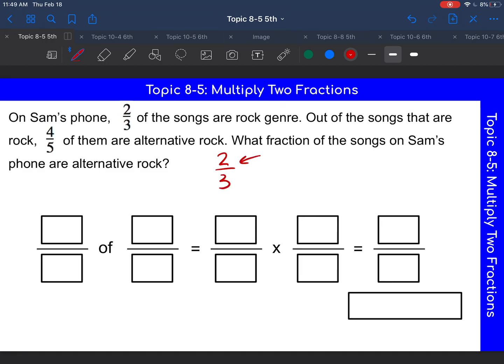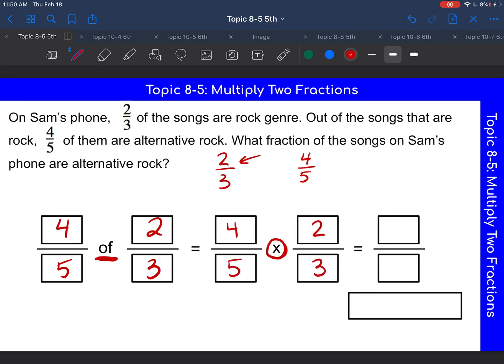Out of the ones that are rock, 4/5 of them are alternative rock. Okay, so we're taking 4/5 of 2/3. Okay, and we learned that the word of simply just stands for multiplication.